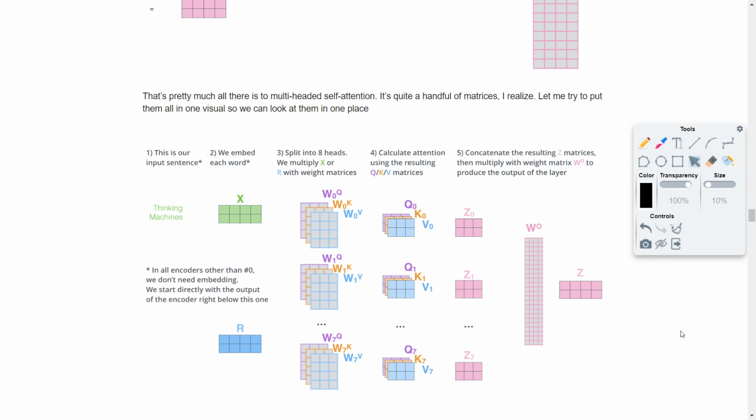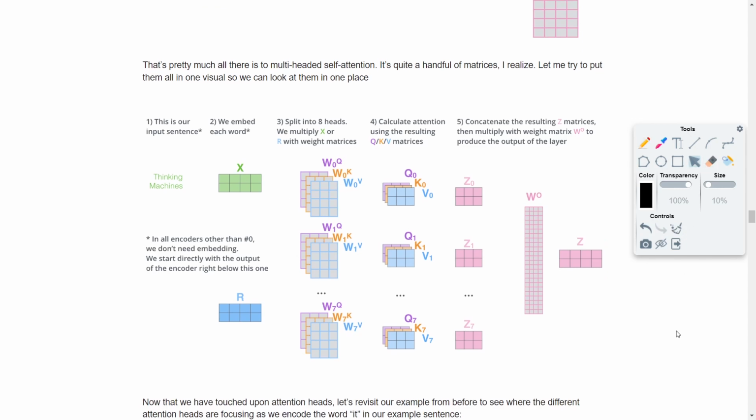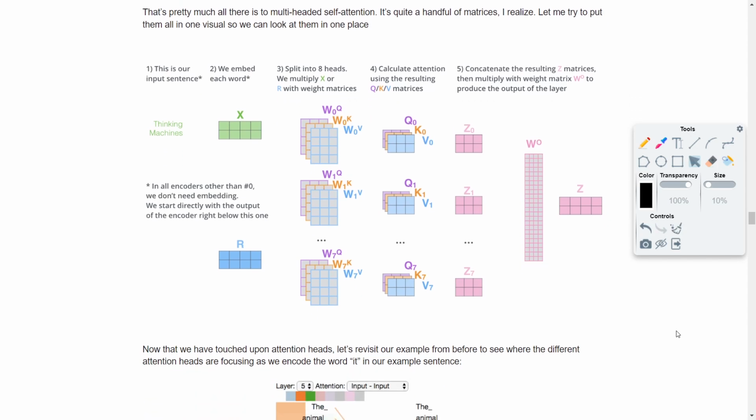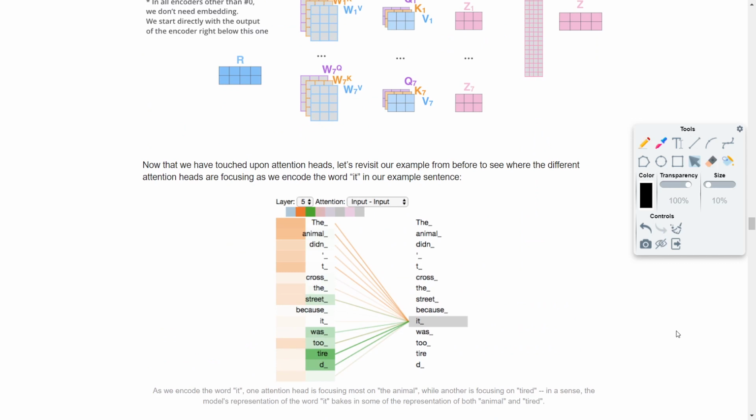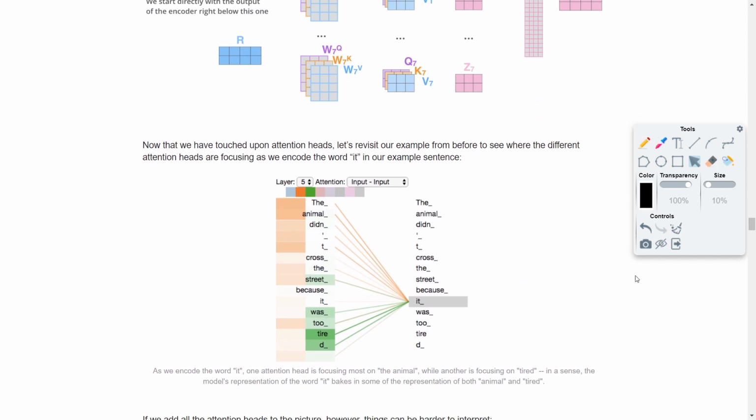Now let's continue further. By doing this, what exactly do we achieve from the perspective of what this attention mechanism did? Earlier, in one of the attention layers, we realized that it was connected to animal by a good score, or a good probability.